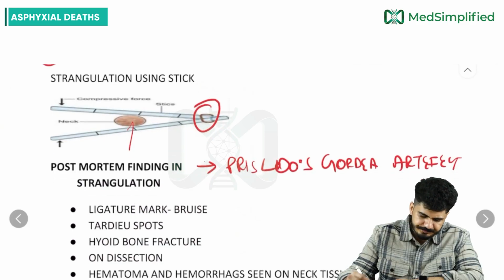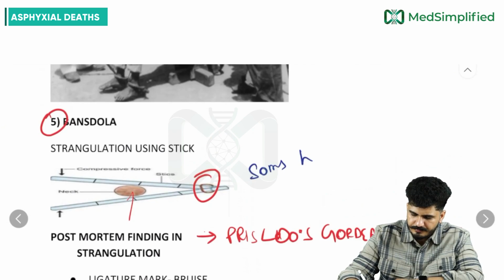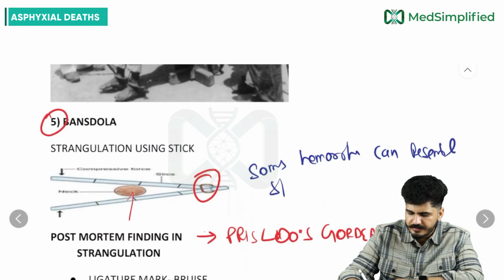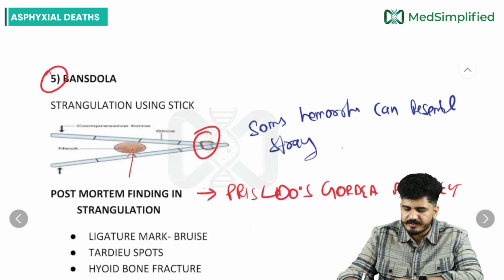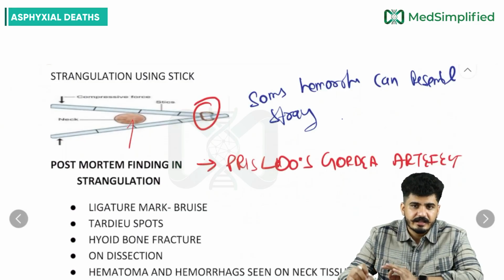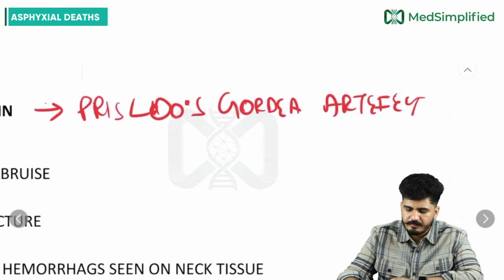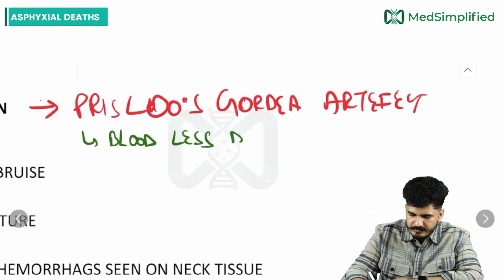It means some other hemorrhages can resemble strangulation, so you should not confuse between them. To avoid this artifact, we can go with bloodless dissection.